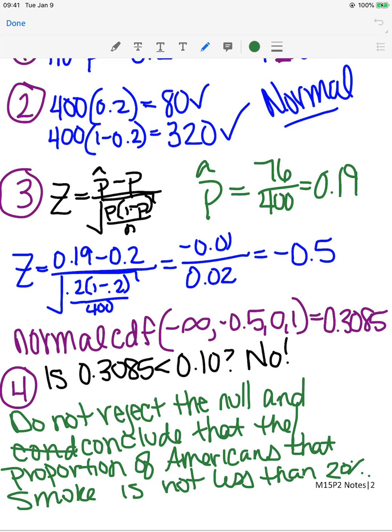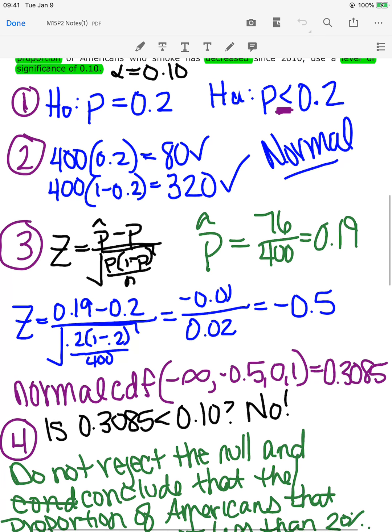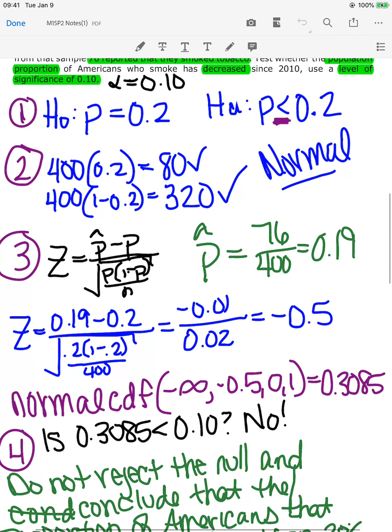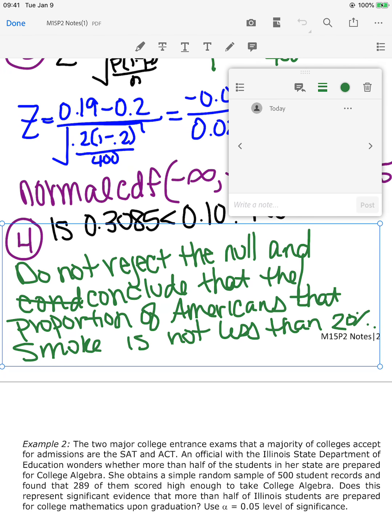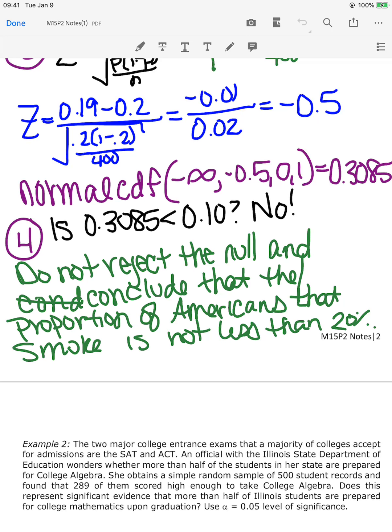If you are not rejecting, then it ends with is not whatever is in the alternative. So our alternative was less than 0.2. Up here, less than 0.2. So the proportion is not less than 20%.